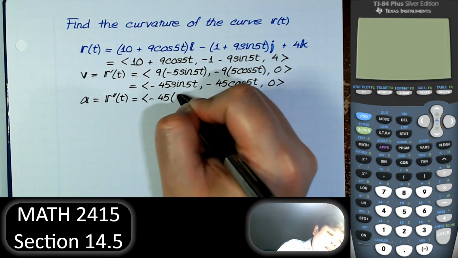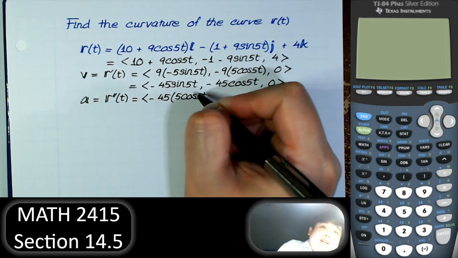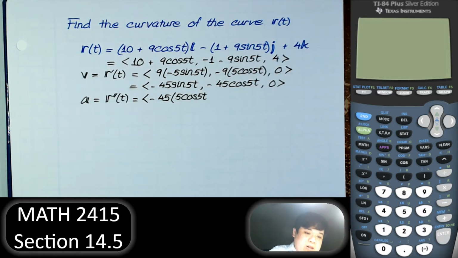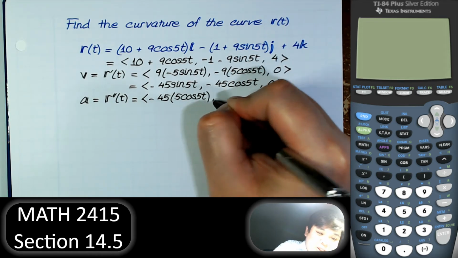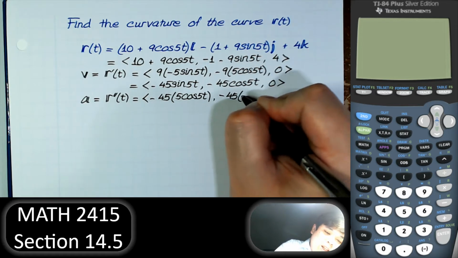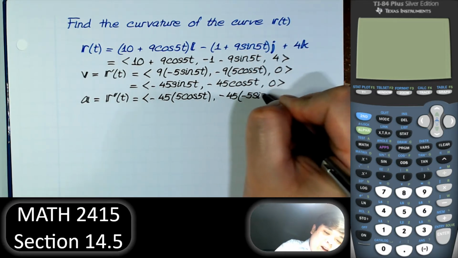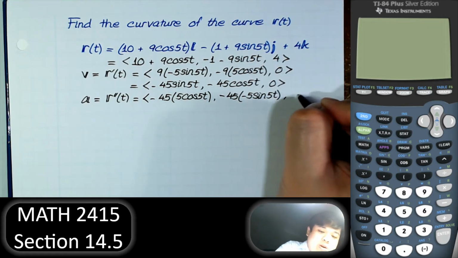Derivative of sine 5t is 5 cosine 5t. By the way, I just got a bug on my fingers, so that's why it reacts like that. Cosine 5t, negative 5 sine of 5t, and derivative 0 is still 0.